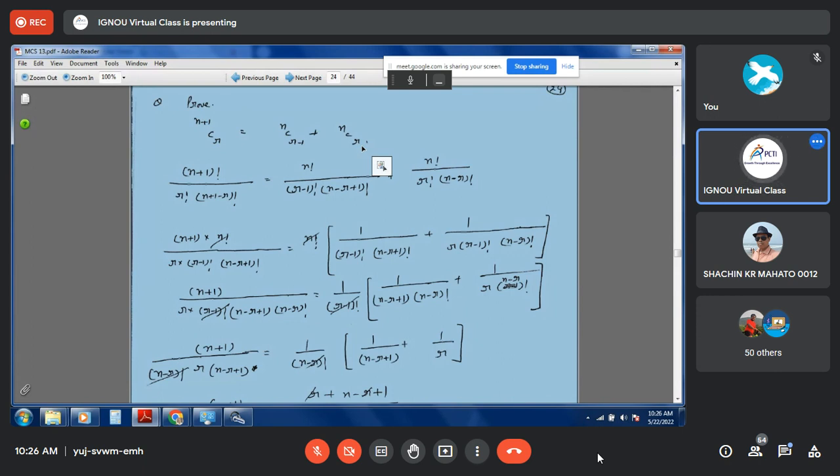In factorial, we can calculate the factorial like this. We remove the last member. If it is 5 factorial, what is the meaning of 5 factorial? 5 factorial means 5 multiplied by 4 multiplied by 3 multiplied by 2 multiplied by 1.